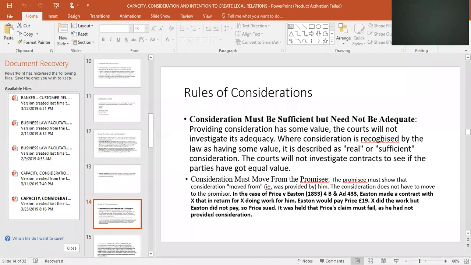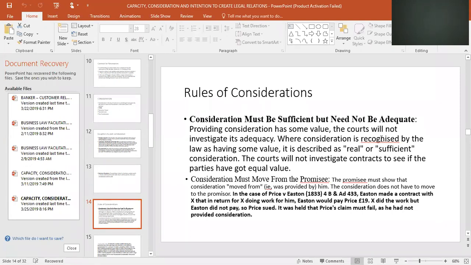It is not the court's responsibility to investigate whether the consideration was okay for the parties. So far as the consideration is seen to be adequate, then that is it. It qualifies.